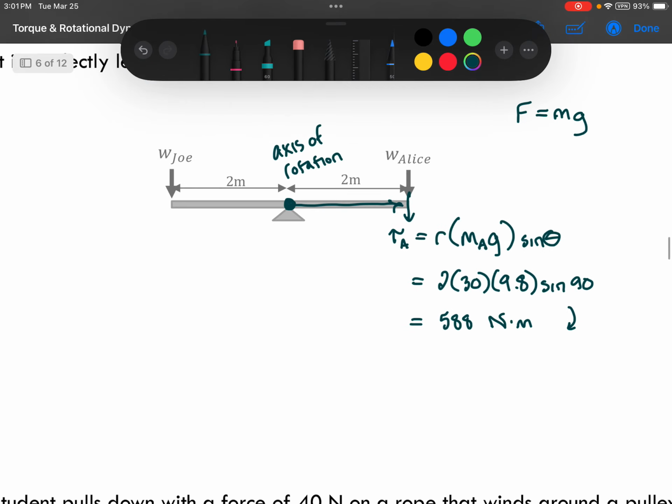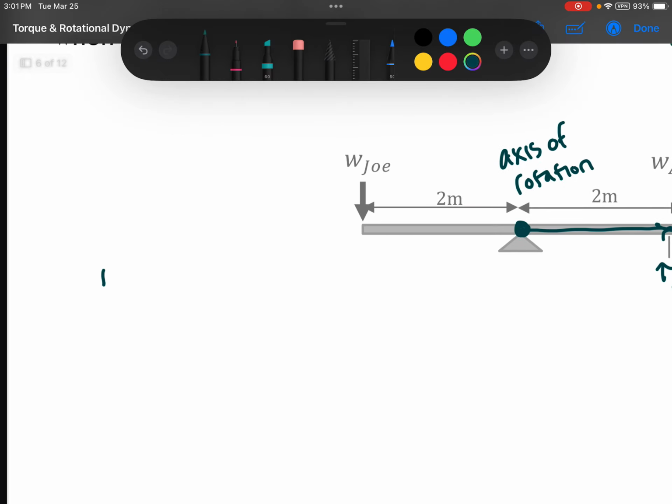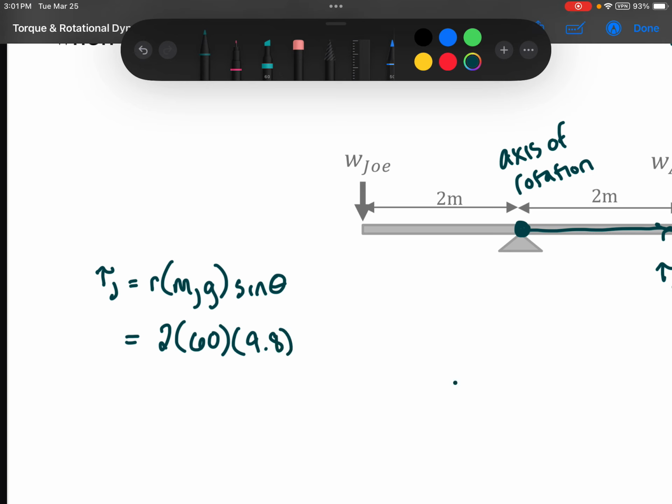All right, we're going to repeat this for Joe. I think I'll use the left-hand side here. So the torque from Joe's weight, I'll just use a J. So r, again, this is his distance from the axis of rotation, times Joe's weight, m_J g, sine theta. So his distance is also 2. His mass was 60, g is 9.8.